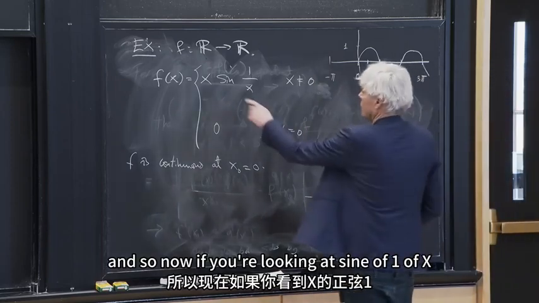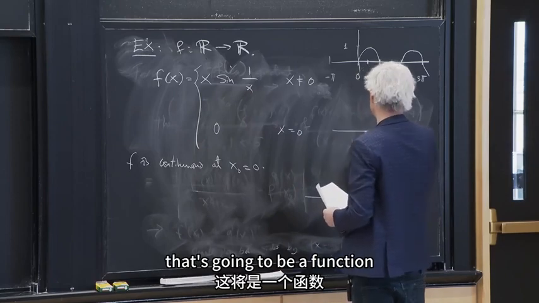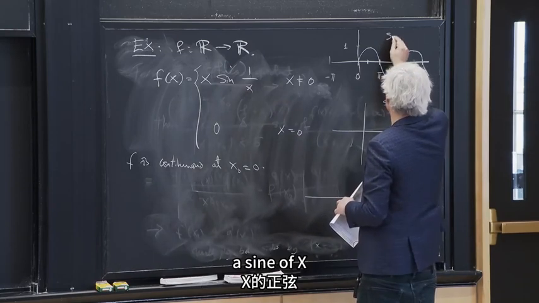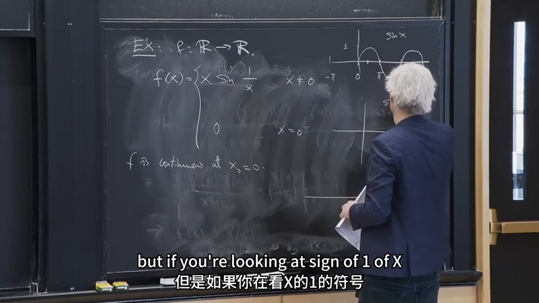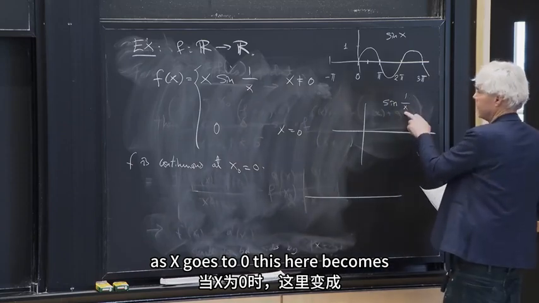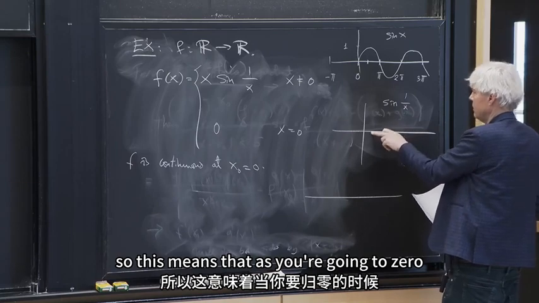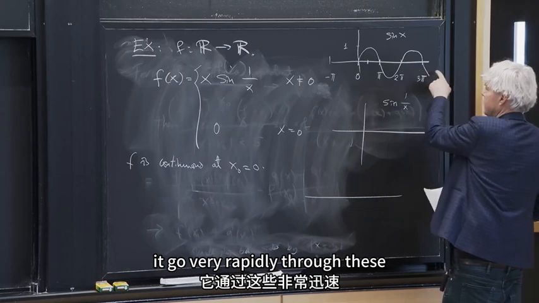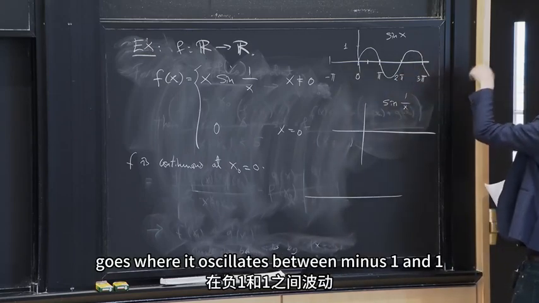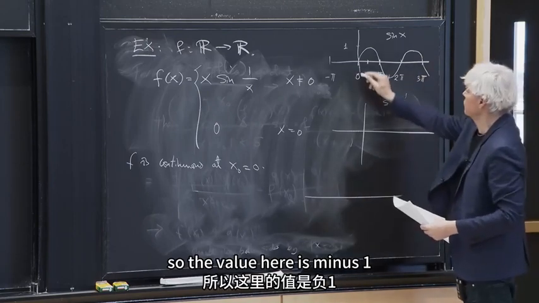Now if you're looking at sine of 1 over x, this here was sine of x. But for sine of 1 over x, as x goes to 0, 1 over x becomes very large. So as you're going to 0, it goes very rapidly through these periods where it oscillates between -1 and 1. So the value here is -1.